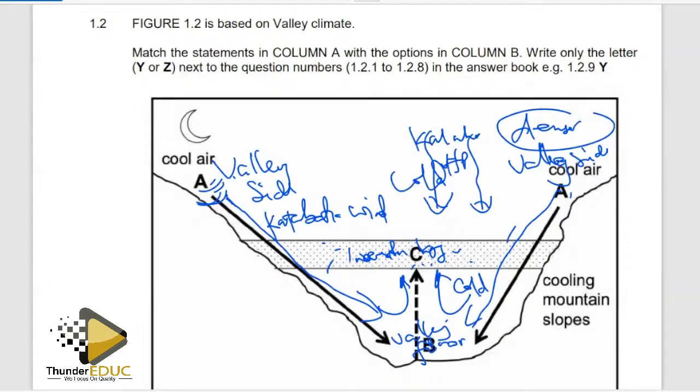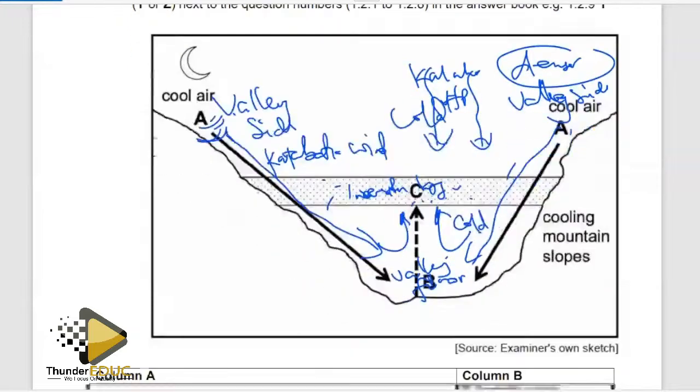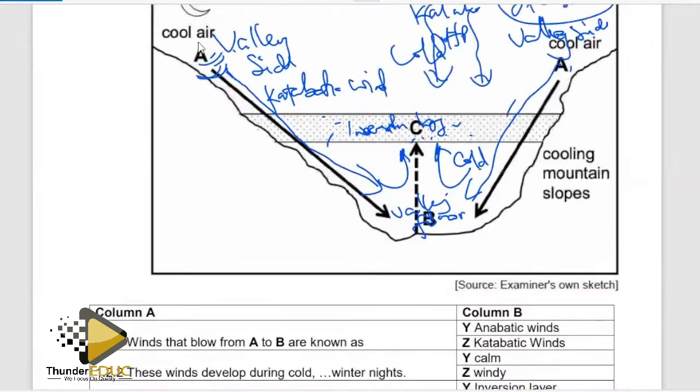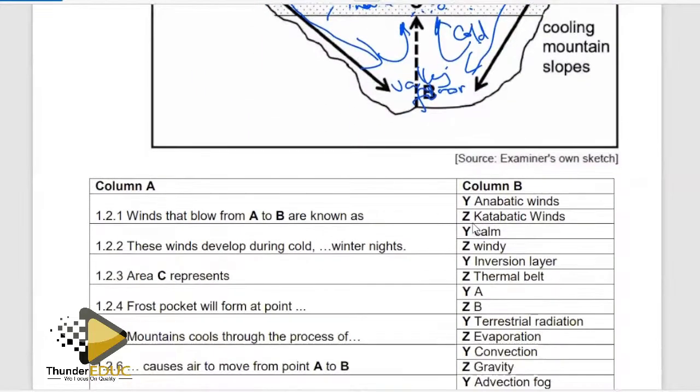So we need to go and look at the questions and look at how those questions were supposed to be answered based on our description of the illustration. Right. We go to question number 121. Winds that blow from A to B, like what we have said here, are night winds, which are katabatic.